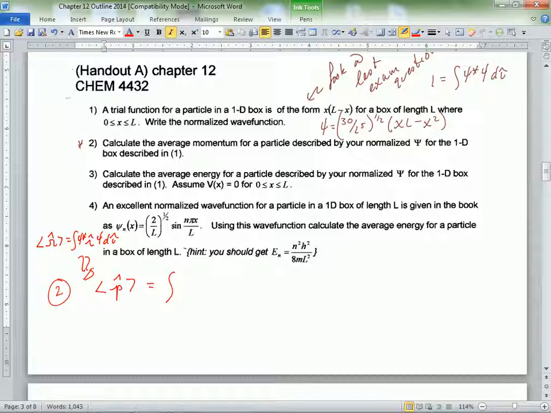So all we have to do is look up what the momentum operator is. Isn't it p hat equals h bar over i d dx, if I remember right. But I need to write my wave function, and then write the wave function again.